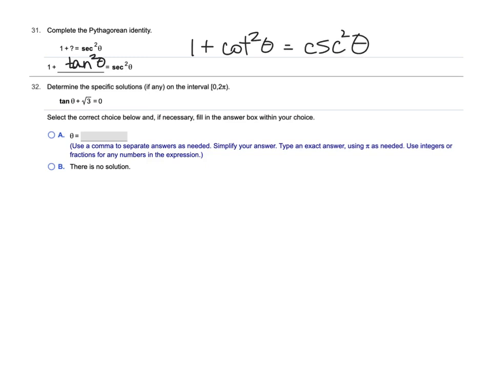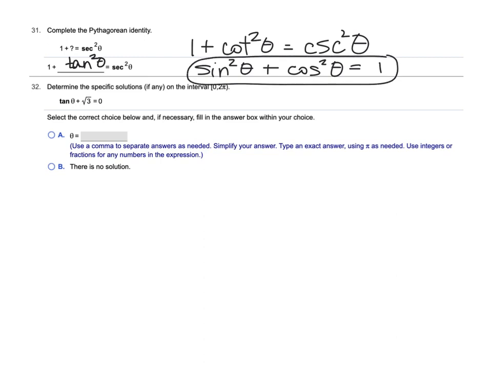And the other one from the beginning is sine squared plus cosine squared equals 1. So these are 3 Pythagorean identities. Really, the main one is this one right here, and then you can derive the other 2 from that. It's listed in our 8.1 notes. Those are important identities when you're talking about trig.